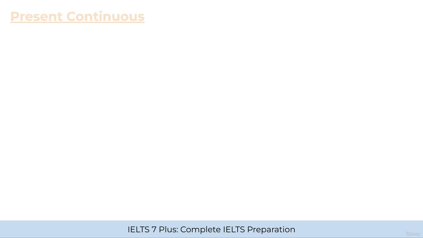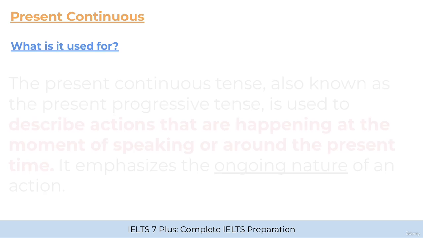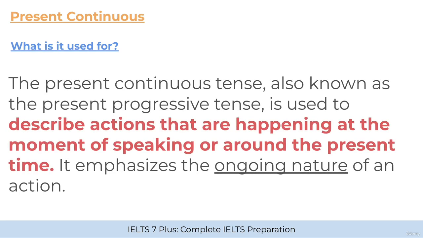Okay, so what is the present continuous used for? Well, it's got two names, the present continuous tense, also the present progressive tense. And it's used to describe actions that are happening at the moment of speaking or around the present time.